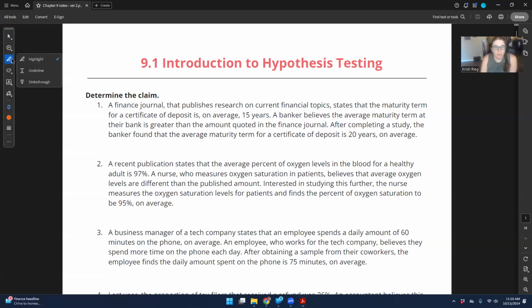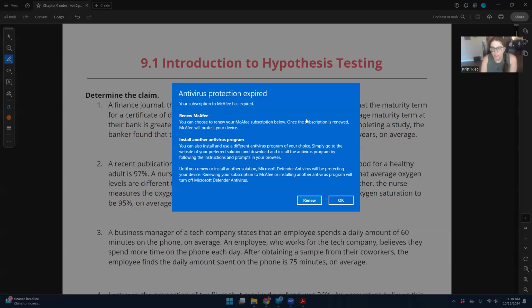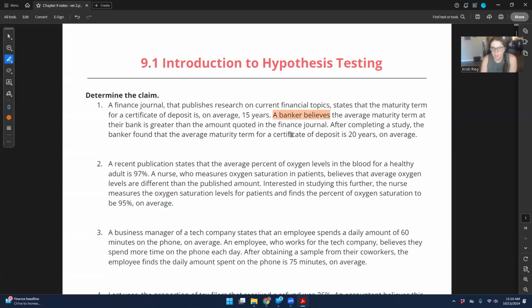So here, the claim is a banker believes the average maturity term at their bank is greater than the amount quoted in the finance journal. So this is what he thinks, and then they test it to be true.